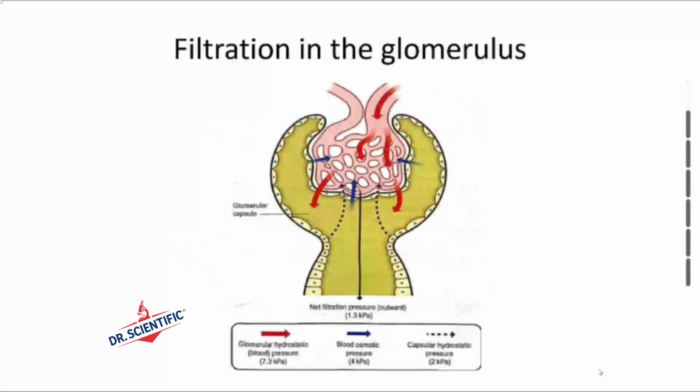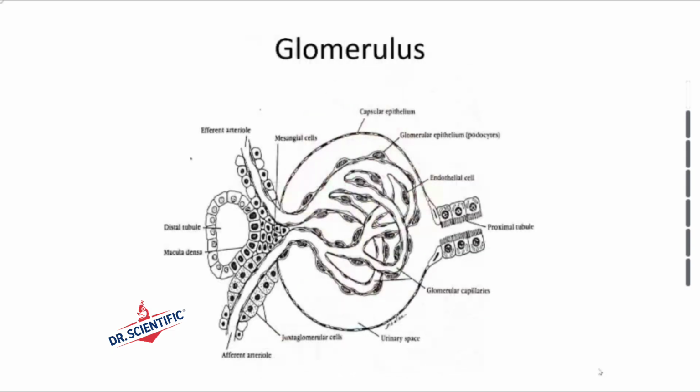Then you can see the mesangial cells, the distal convoluted tubules, and the juxtaglomerular cells. When you talk of juxtaglomerular, it's around the glomerulus. You can see the afferent vessel, the one that is coming in, and then the efferent vessel.